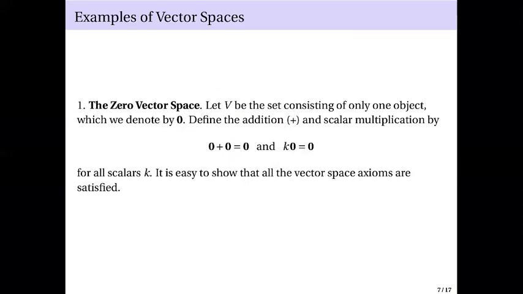And if you add them according to this definition, you will get the 0, which is also in the set V. Same is true with the scalar multiplication. If you take any scalar and do the scalar multiplication, you will get the 0, which is the actual element in V. So closure is there.